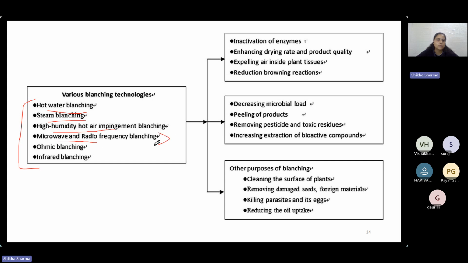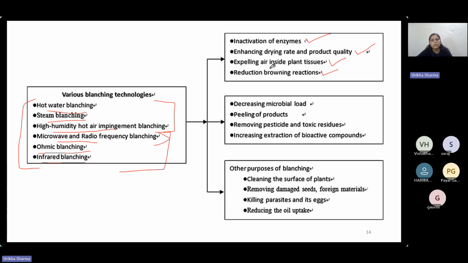The novel technologies are ohmic blanching and infrared blanching, and the ones where hot water, steam, or hot air is used are the conventional methods. Blanching basically inactivates enzymes and enhances drying rate and product quality, expelling air inside plant tissues, reducing browning reactions.